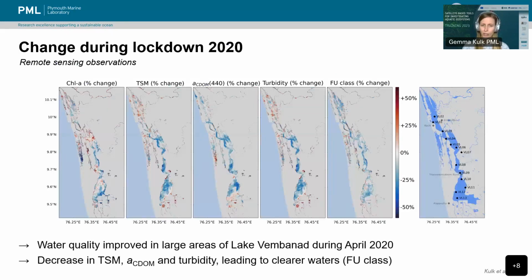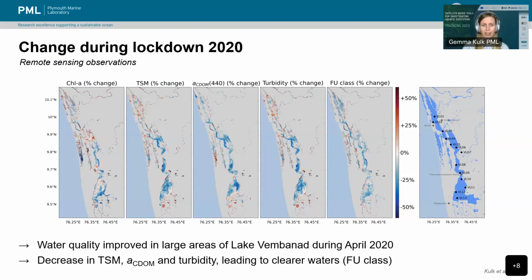The results showed that water quality improved in large areas of Lake Vembanad during April 2020, as evidenced by decreases, which are shown in blue in these maps, in total suspended matter, in the absorption by colored dissolved organic matter, and turbidity. All of these changes led to clearer waters as indicated by the FU classification of water color.